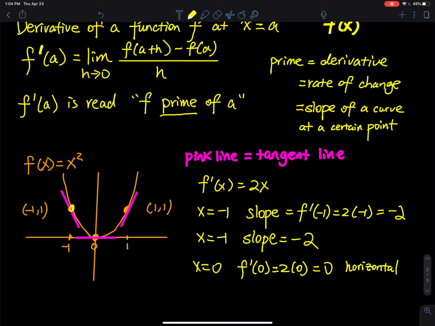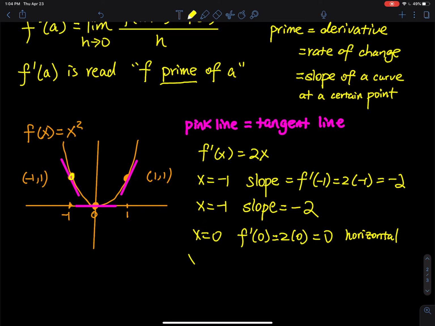That means you have a horizontal tangent line. Still remember this, the slope of a horizontal line is 0. But what about 1? When x is equal to 1, you have f prime of 1. At that point, tell me the slope of the pink line. Tell me the slope of the parabola at that point. The slope is 2 times 1 equals 2, which is positive, right?